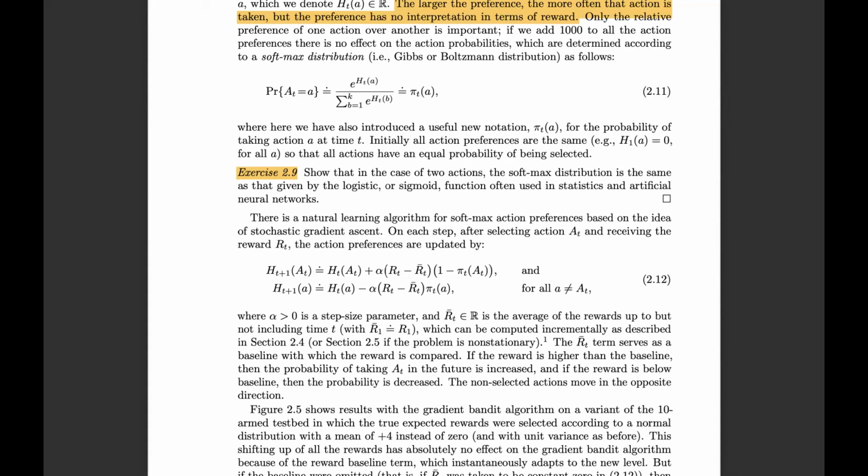He just means that in all previous algorithms we used reward Q value estimates for decision making, and here we use these H values, which are not estimates of reward. So that's what it means, I guess.